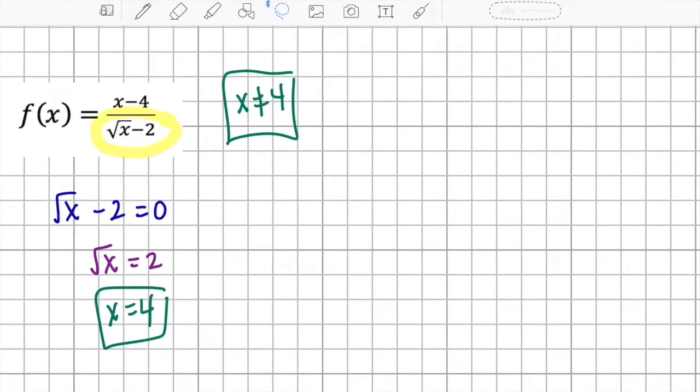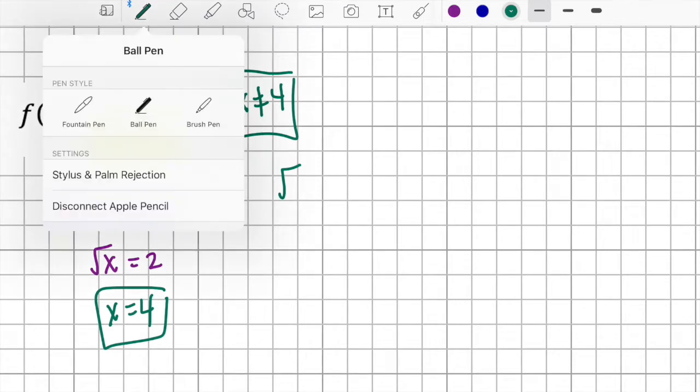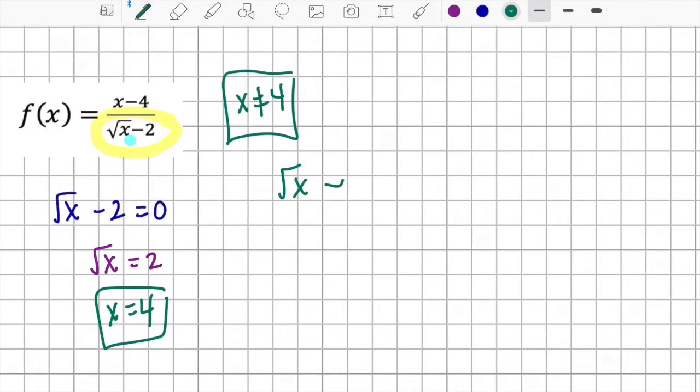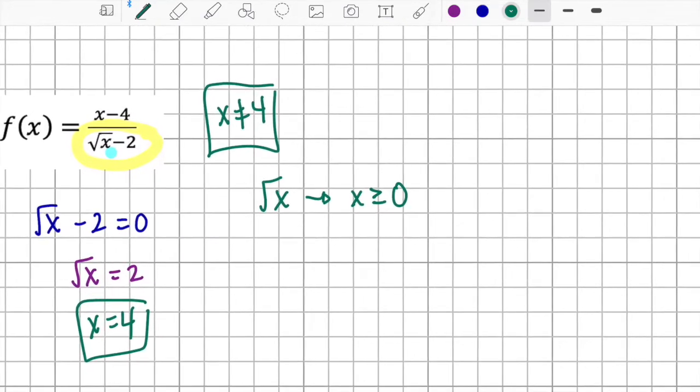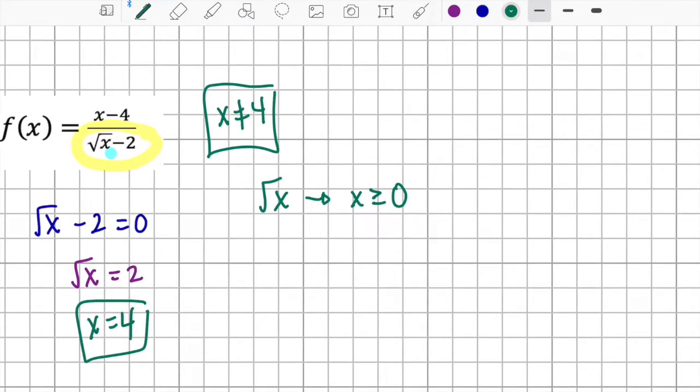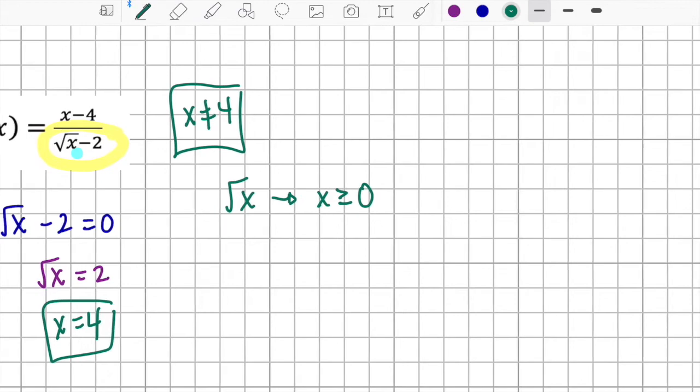But also notice that we have a radical inside the square root of x. Since we have the square root of x, we automatically know that x has to be greater than or equal to 0. So now, 4 is not in the domain. We cannot include it. But we need to know, when is it continuous?